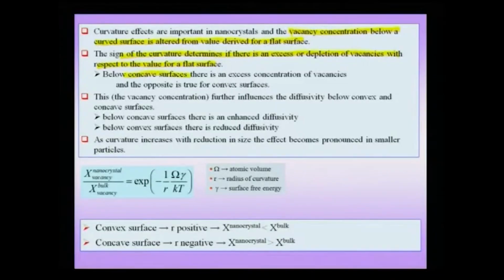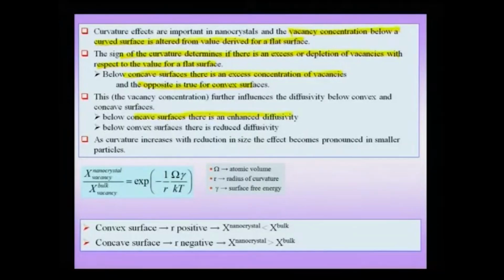Below a concave surface, there is an excess concentration of vacancies, and the opposite is true for convex surfaces. That means if I am in a concave surface, there is an excess vacancy concentration, and this automatically implies that below concave surfaces there is enhanced diffusivity, or enhanced diffusion. So if I am talking about diffusion below a flat surface, or below a convex surface, or below a concave surface, the value I would obtain is not going to be the same.